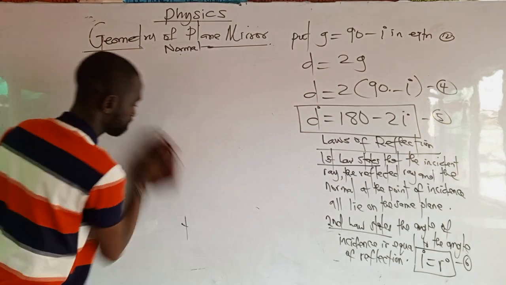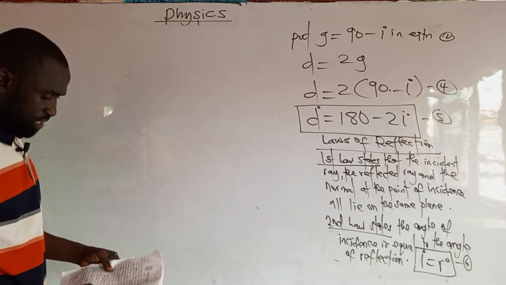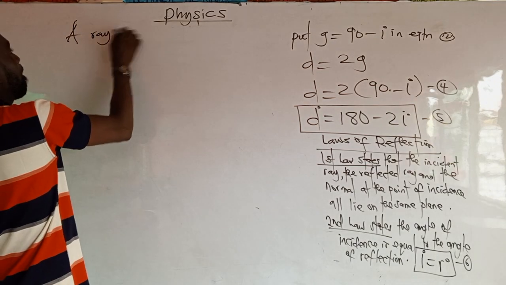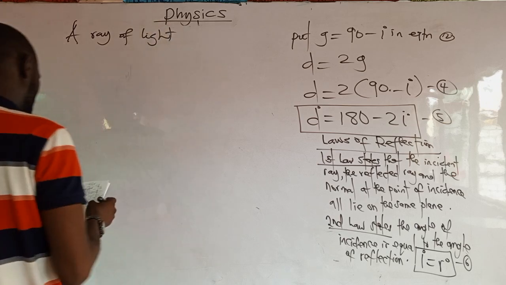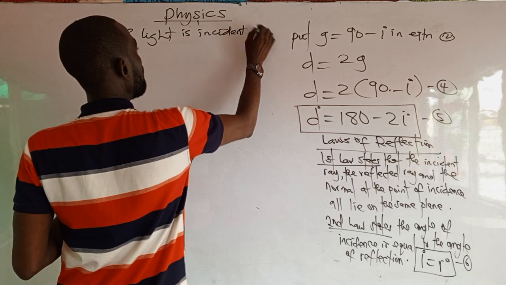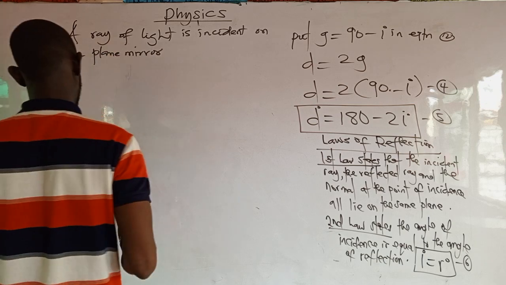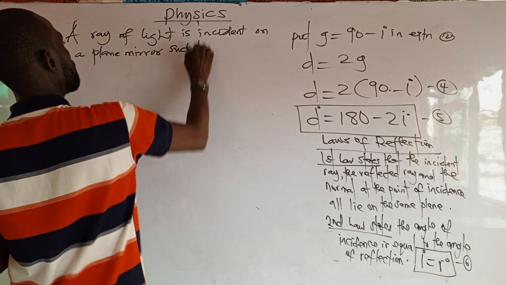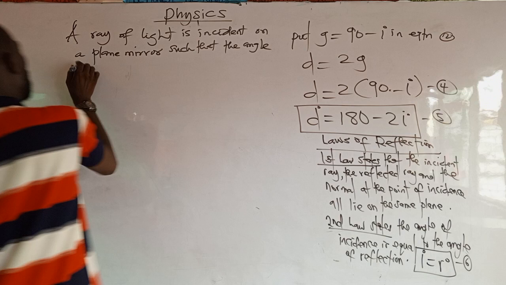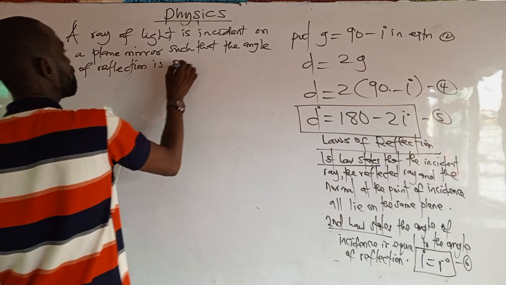It says a ray of light is incident on a plane mirror such that the angle of reflection is 25 degrees.